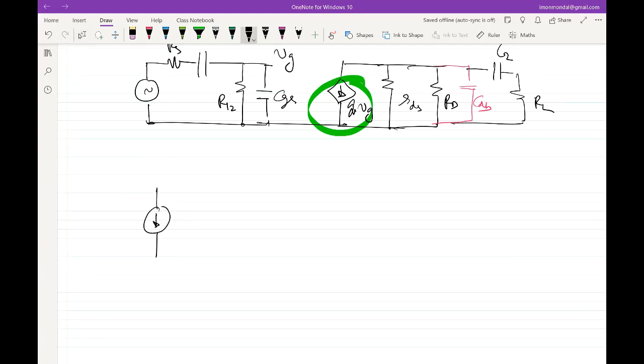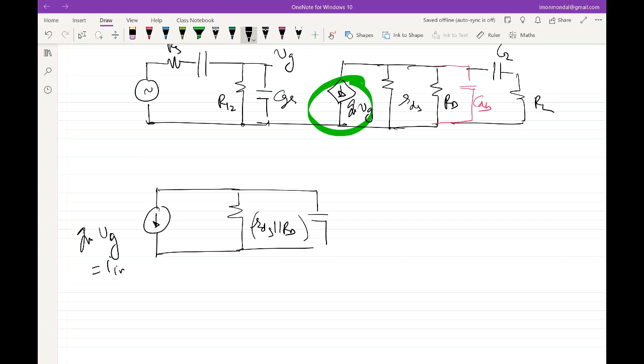If this is, let's say, GMVG, which is some I in, this becomes RDS parallel RD. We have CDB. This is C2. This is RL. We are interested in what the output voltage will be when the input current is GM times VG or I in, right?